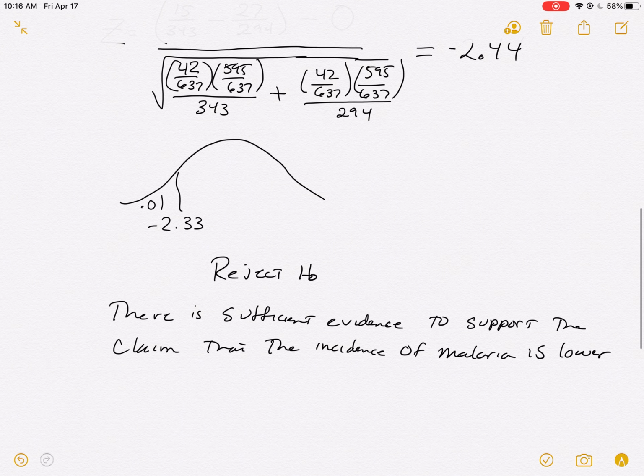So we should be advocating bed nets. Okay, awesome.